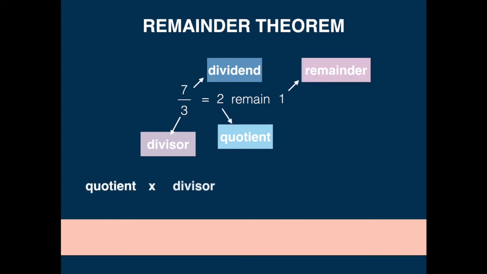Quotient, if you multiply it by the divisor and add the remainder, you would get the dividend. For example, 2 multiplied by 3, you would get 6. If you add 1, you would get 7.